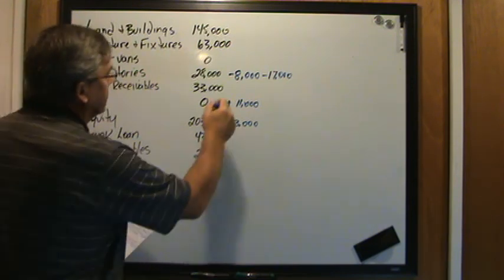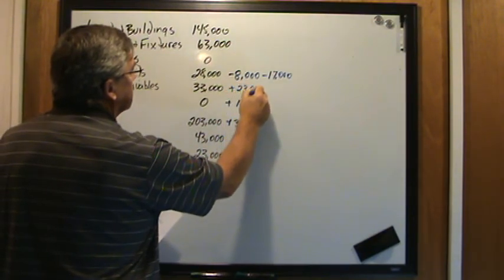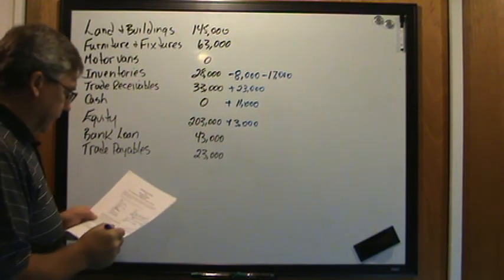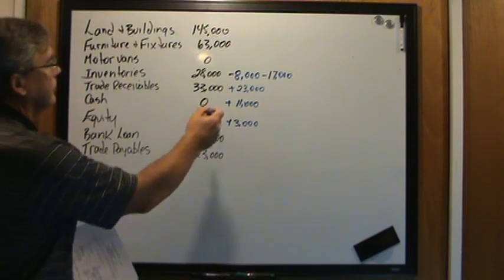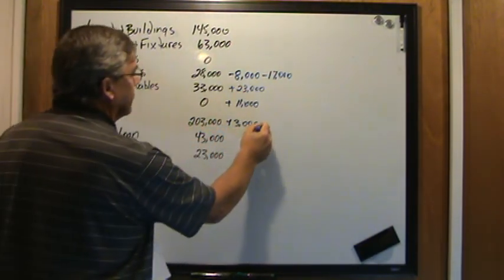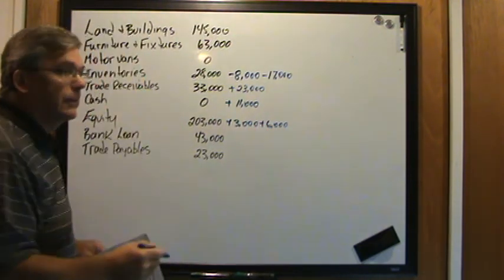So that goes up by $23,000. And the difference is added to the equity portion. Sorry, $6,000. The difference between $23,000 and $17,000, which is the profit level. So that's $6,000 into equity.